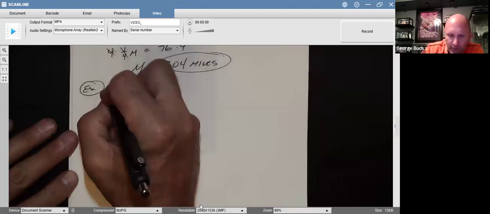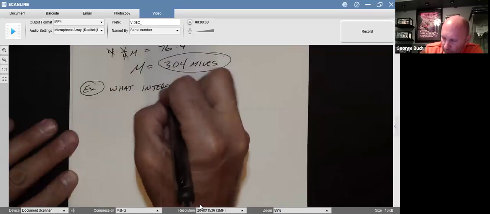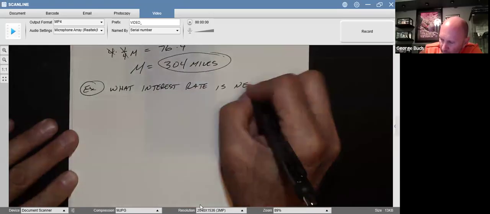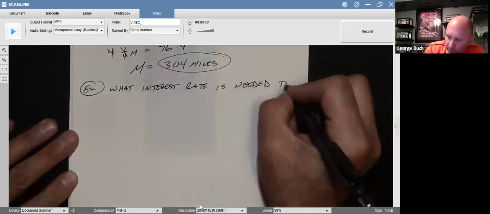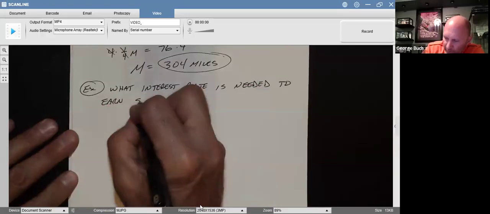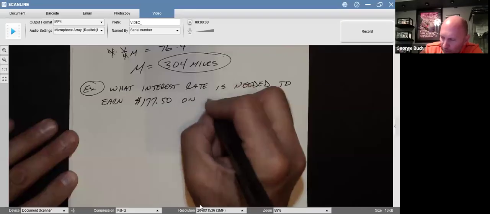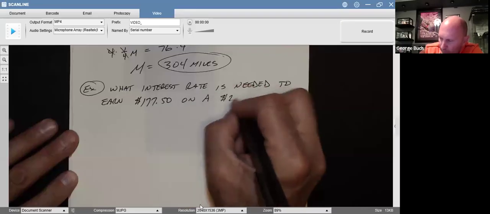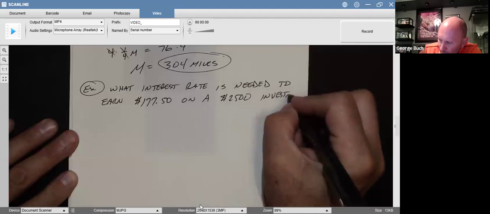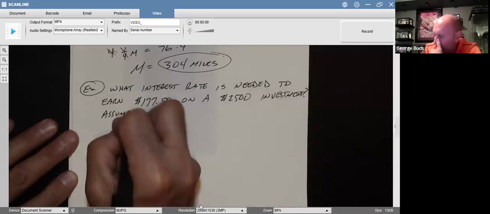So this one says, what interest rate is needed to earn $177.50 on a $2,500 investment? So we're going to assume 1 year here. So what interest rate for the year?